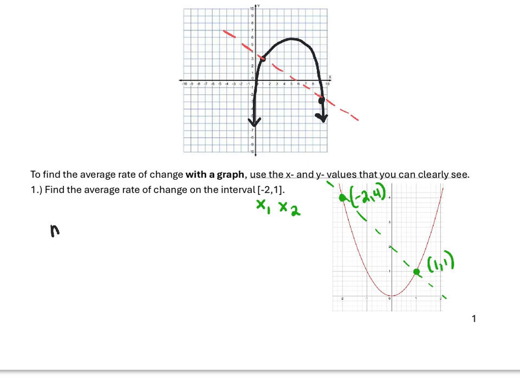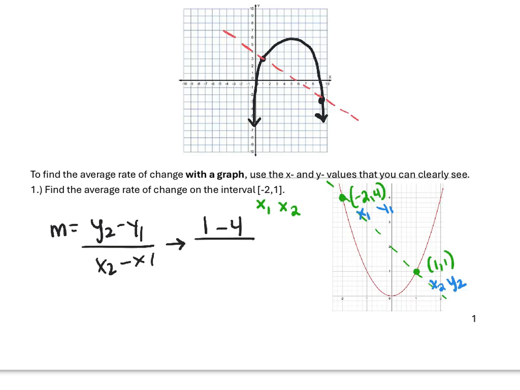So we're going to take the slope formula. Okay, so I always start, like I said, I always label these just so that I don't mess anything up. I'm going to call this x1, y1, and I'm going to call this x2, y2. And then it's super easy just to plug them into our formula. So y2 is 1 minus 4.